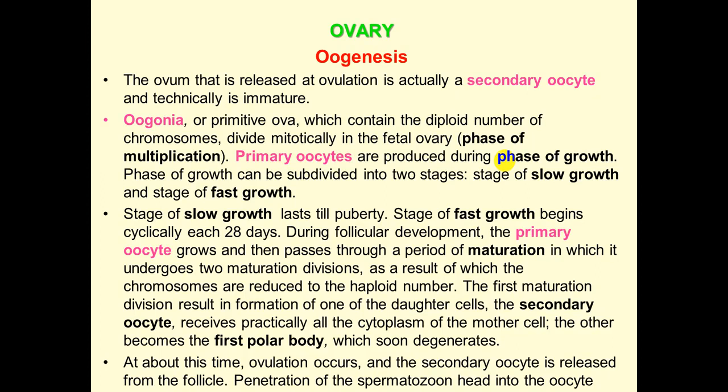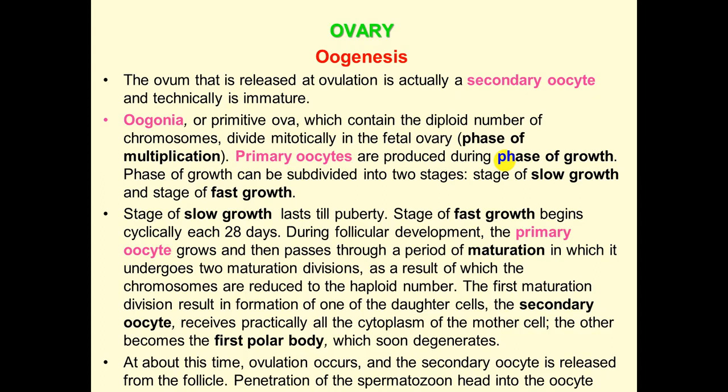During this slow growth, the primordial follicles slightly grow and change into primary follicles. Oogonia also grow, and we now call it a primary oocyte. The primary oocyte is covered by one layer of cuboidal follicular cells which rest on the basal lamina.